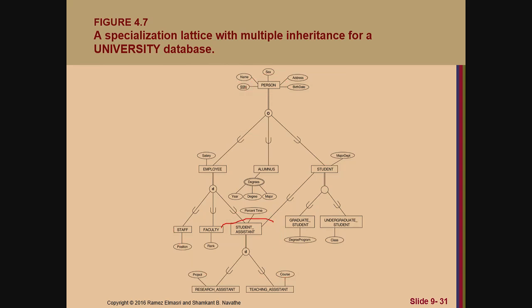Now we focus on student assistant, and they use SSN as a key. But student assistant is a shared subclass of student and employee. How to store this kind of information? So we can use them as a category.